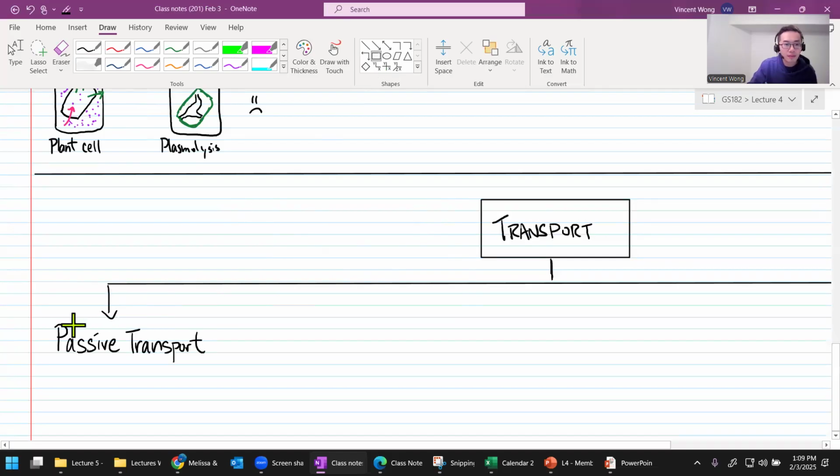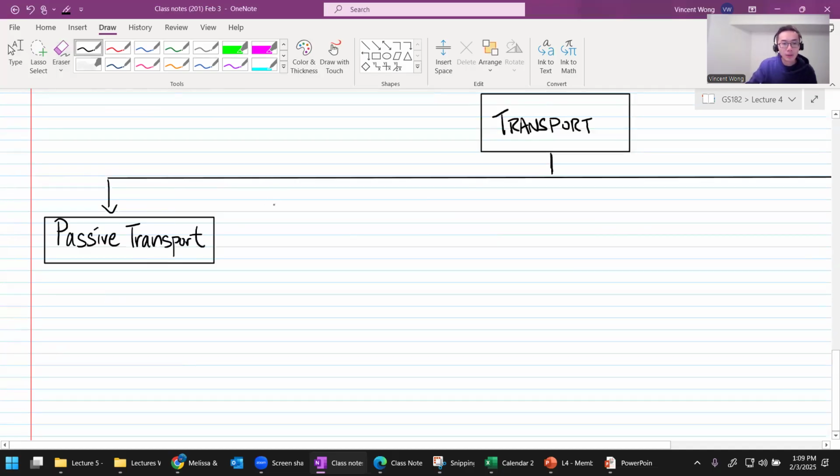Okay, just stop me if I'm going too fast. Just say, hold on a second, I'm still copying. It's totally fine. So passive transport basically involves going from high concentration to low concentration. Now I know people can get a little confused here because in the case of water, I said it would always go towards the saltier end, right?